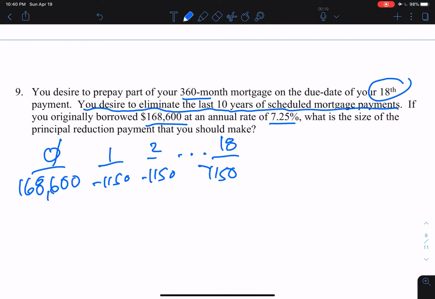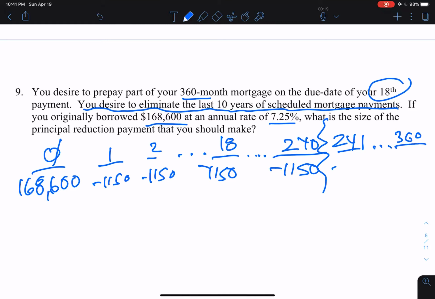And then we want to keep making payments up to date 240 in the amount of $1150.15, so that at this point in time, the loan is paid off and we don't have to pay payments 241 to 360 of the $1150.15 contractually required. So this problem is different in that we want to make a payment here at date 18 rather than, like we did in the last problem, here at date 240.